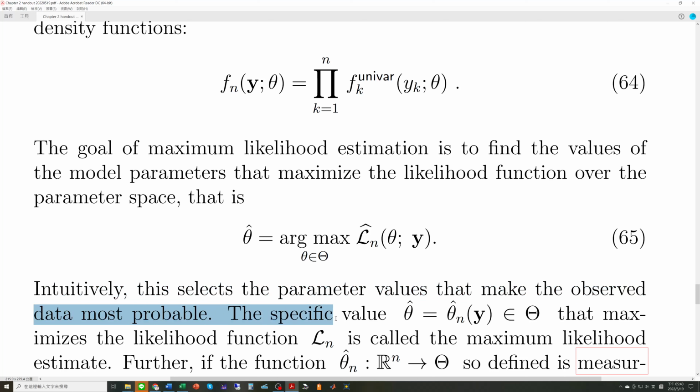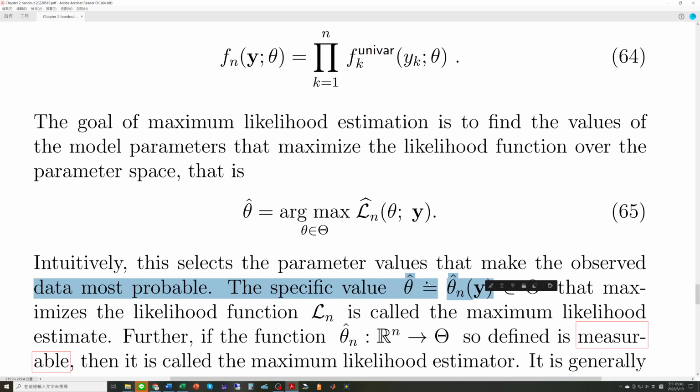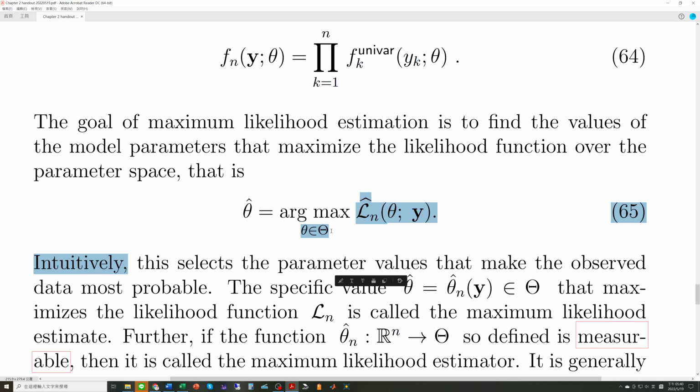The specific value theta hat is equal to theta hat n of y, because the estimation of theta is related to y and is a function of y. And theta hat, of course, is in capital theta, because theta is in capital theta.